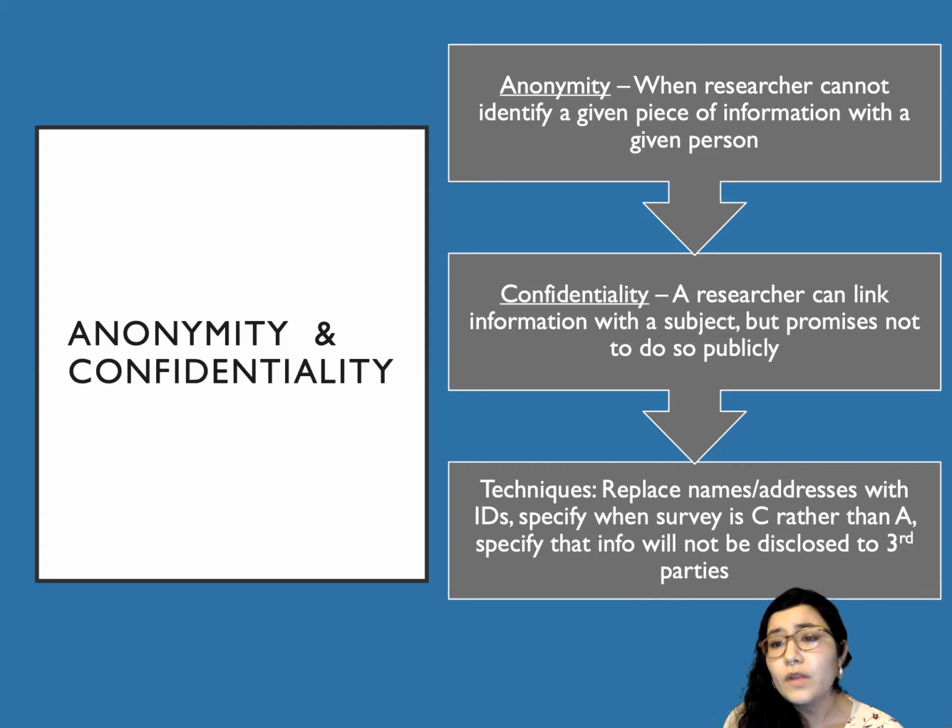With confidentiality, the researcher can know who is saying what, but the public will not. Confidentiality is usually used in instances where there are qualitative methods. You're actively engaging with people, so you can't not know who they are or how they're acting, but you can ensure that when you write your book or article about your findings, you're not disclosing their names.